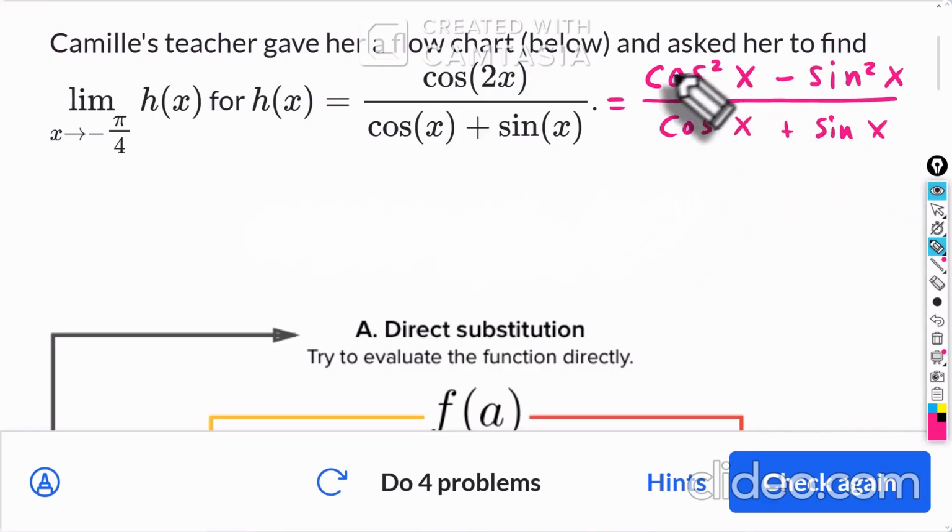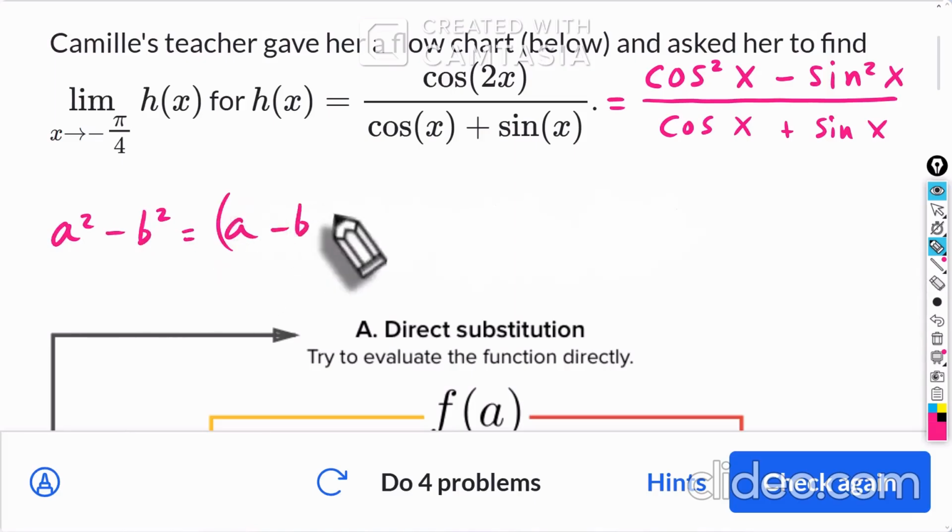All right, and I can see in the numerator we have a difference of squares. Okay, recall that a squared minus b squared is equivalent to a minus b times a plus b. So a squared minus b squared is this right here.